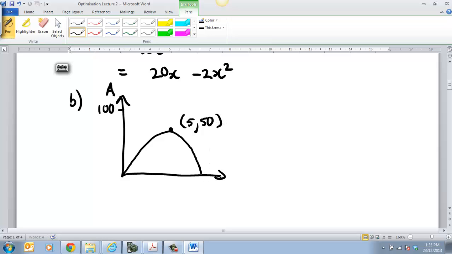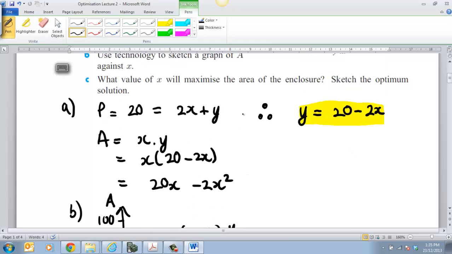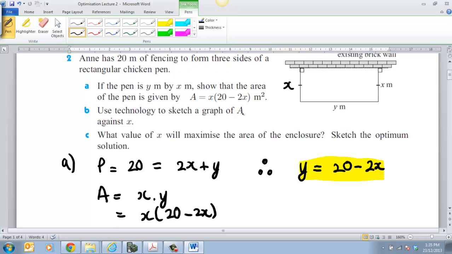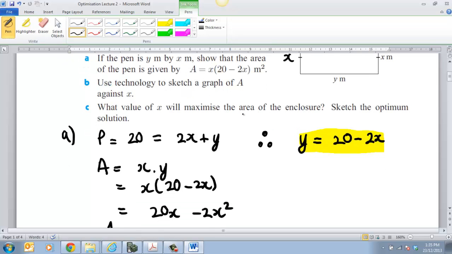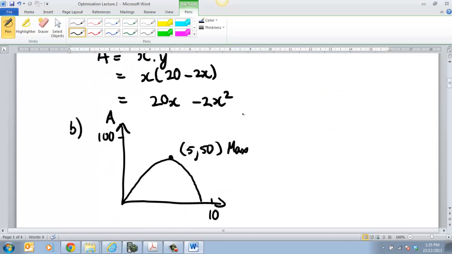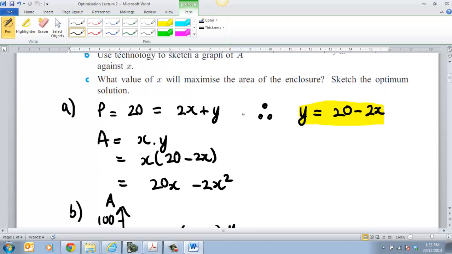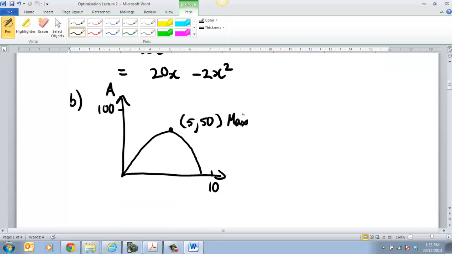All right, so we'd make that say 10. All right, over there. Okay, so I've done my sketch. I know what my max value over here is, and then it's asking me to find the value of x which maximises the area of the enclosure. Right, and then does it say sketch the optimal solution? So part C is we just have to read that off. X is going to be 5.